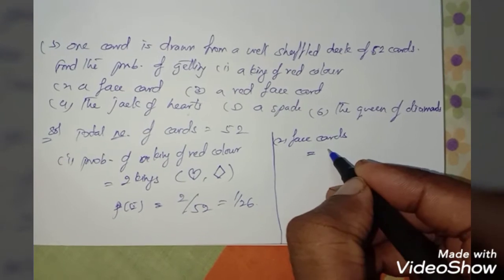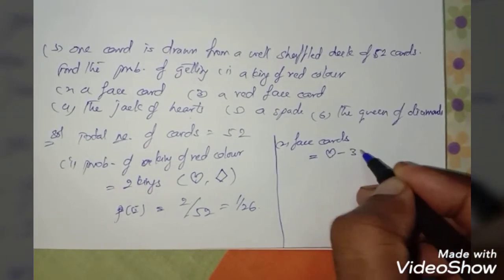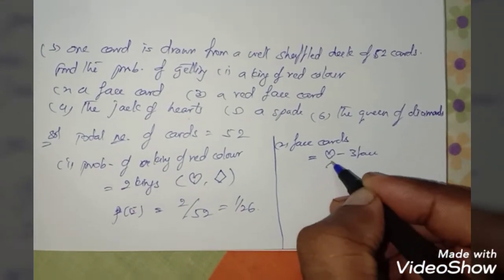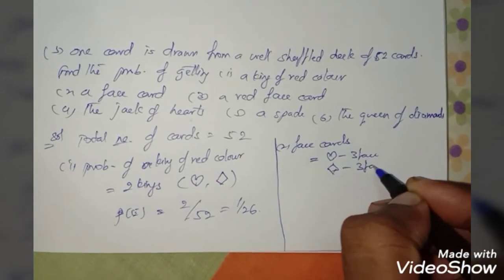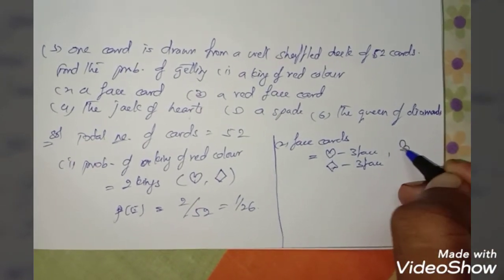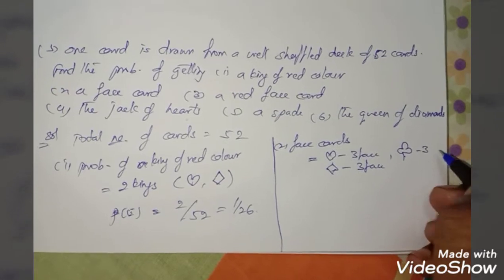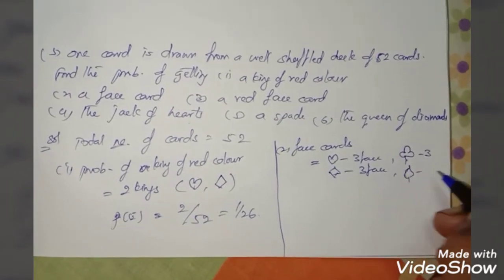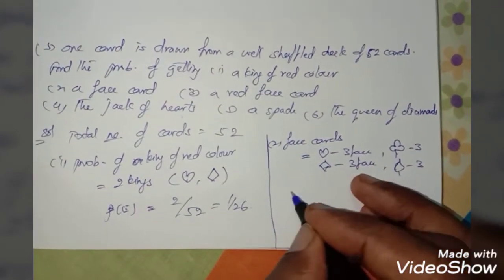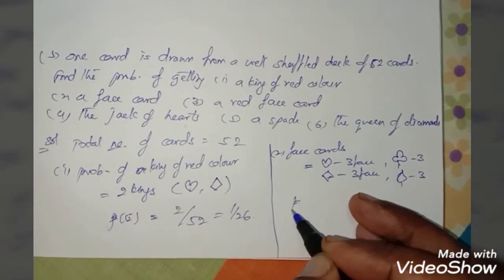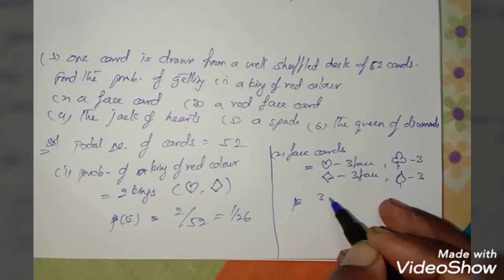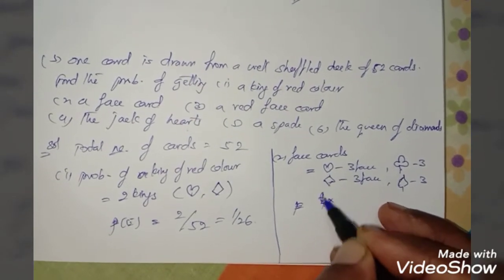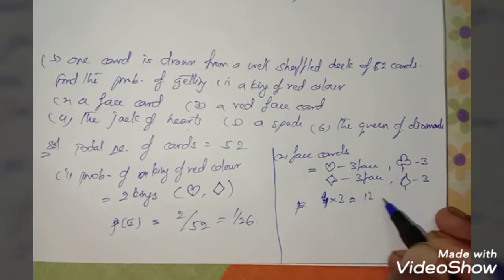For example, heart consists of 3 face cards, and a diamond consists of 3 face cards, and a club consists of 3 face cards, and spade consists of 3 face cards. So total number of face cards is 4 into 3, that is 12 face cards.